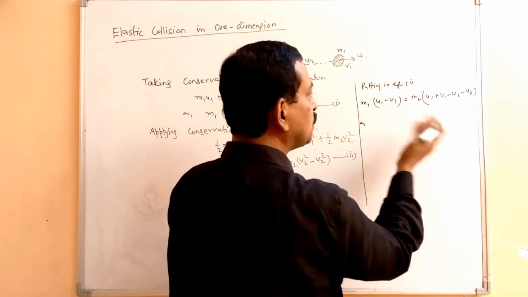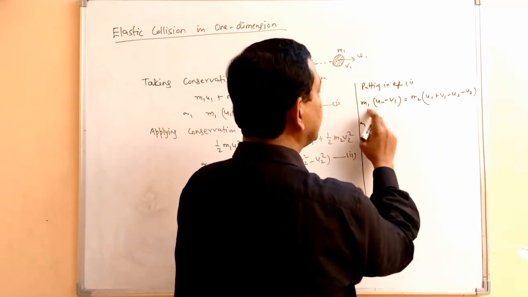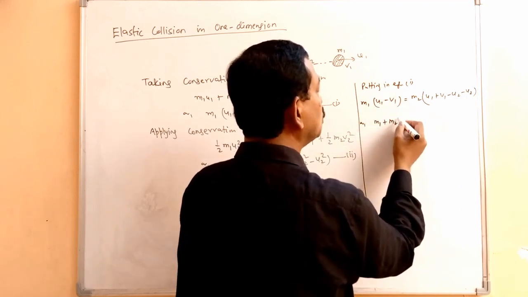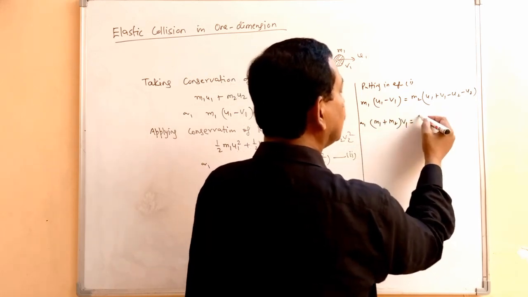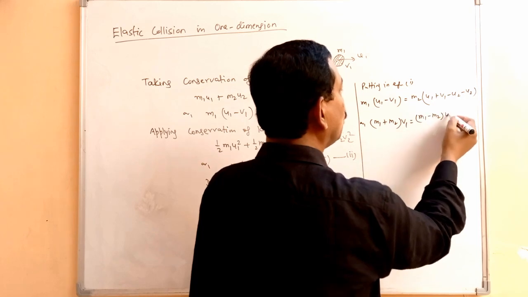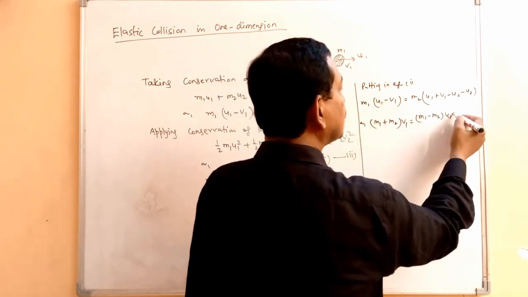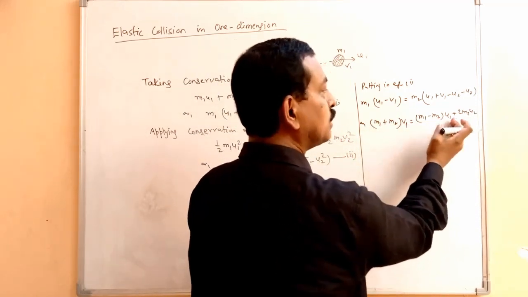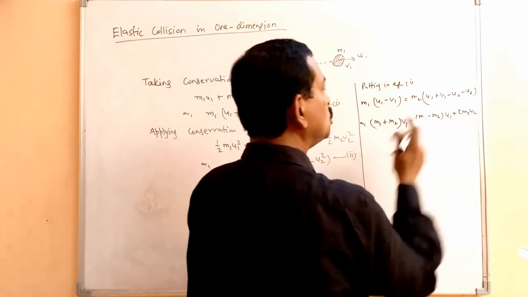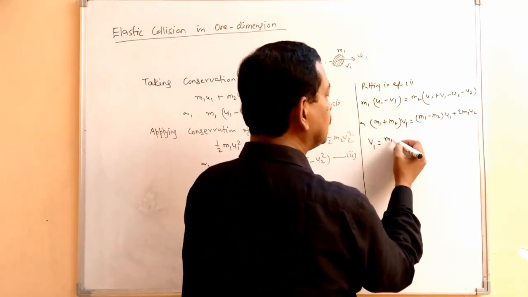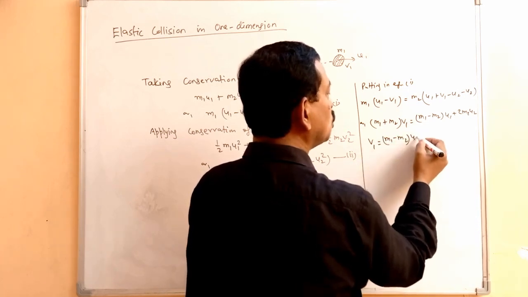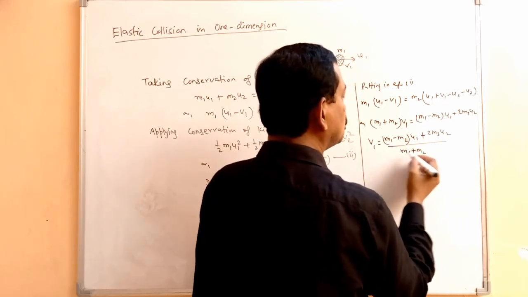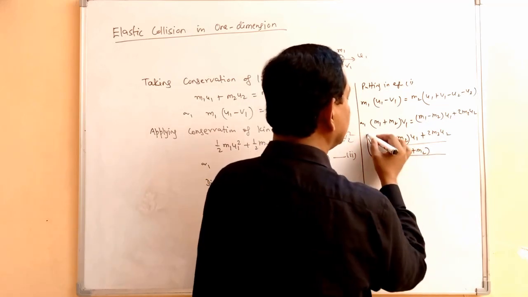If we transfer m1 v1 to this side, then we have (m1 plus m2) v1, and the other will be (m1 minus m2) u1 plus 2 times m2 u2. So v1 is equal to ((m1 minus m2) u1 plus 2 m2 u2) divided by (m1 plus m2). This is the expression for v1.